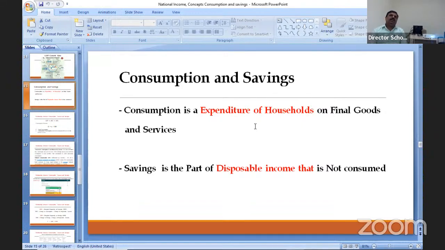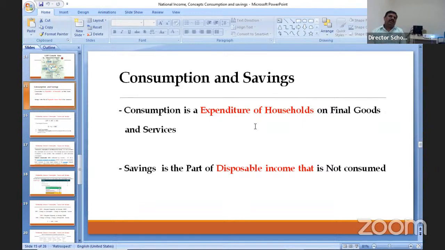Deductions means like PF or insurance policy premiums, or some kind of subscriptions, rents, and so on. So after deducting all deductions from the personal income, we get the disposable income, and the part of the disposable income which is not consumed is called savings.